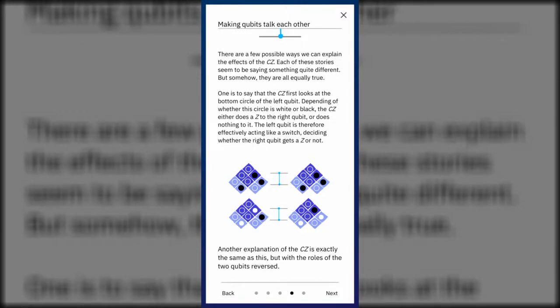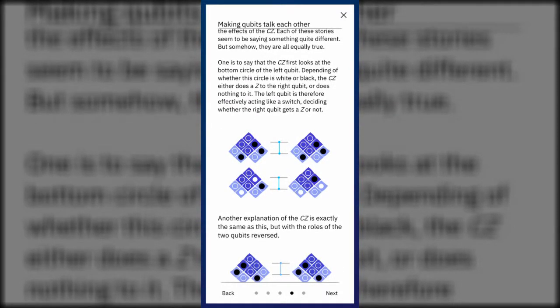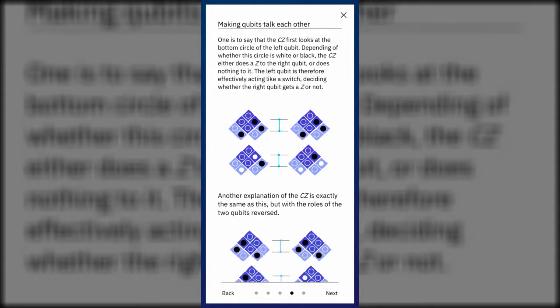So the left is the control and the right is the target. So here you have an example, basically. The example is that on the left qubit you have a 0, so nothing happens to the right qubit, and here you have a 1.